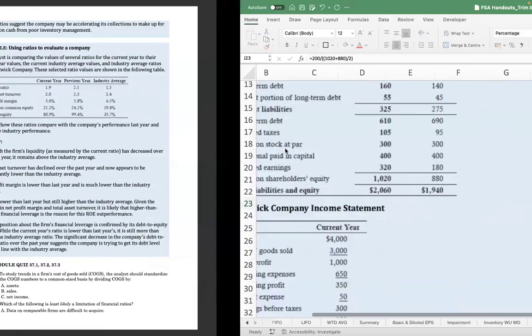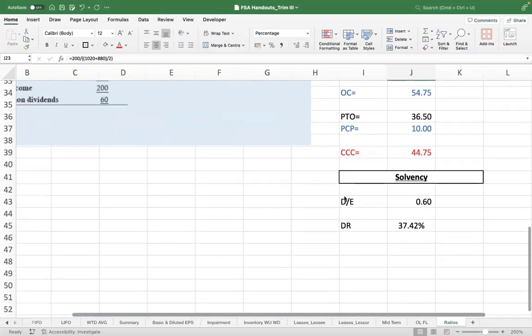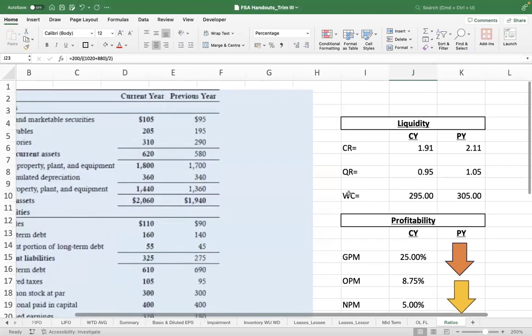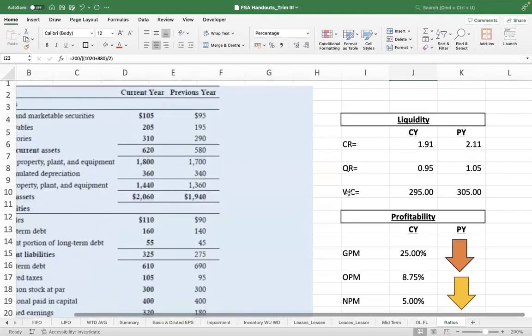Okay, so they have taken total debt. Now, as I mentioned, this is quite debatable. You can take long-term debt also, you can take total debt also. So I have just gone by total debt. But I think that pretty much sums up the entire inferences, a comprehensive analysis of the financial statements, both P&L and balance sheet, from a liquidity perspective, activity perspective, profitability perspective, and long-term solvency perspective. Okay, thank you.